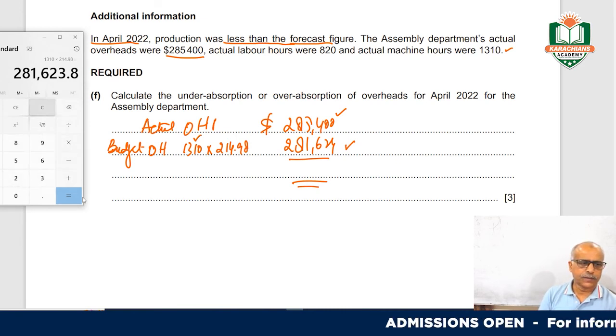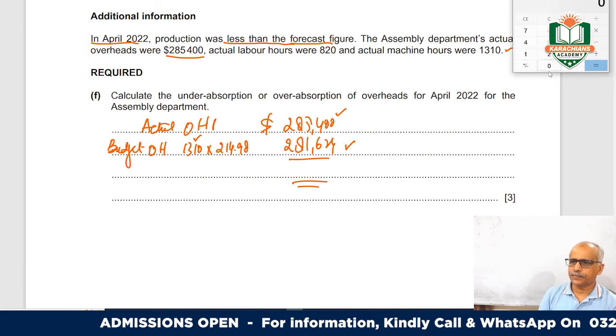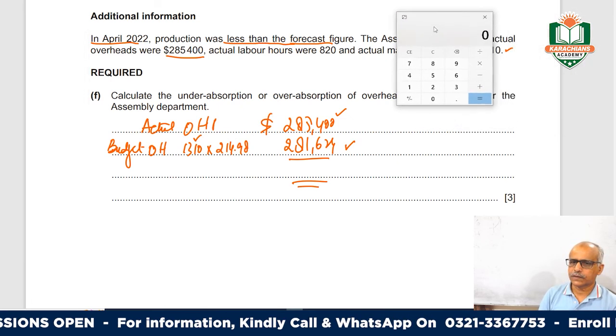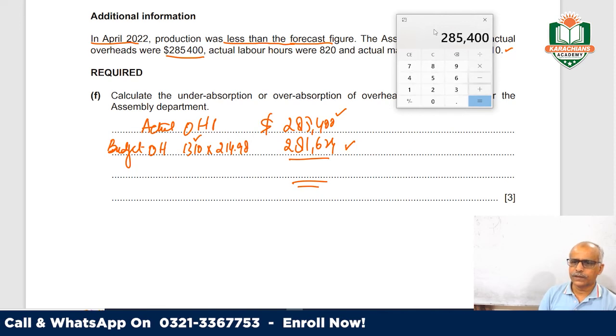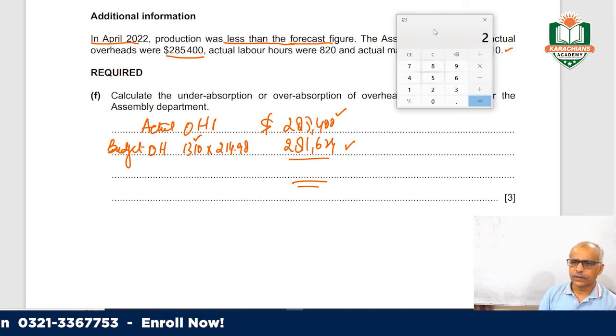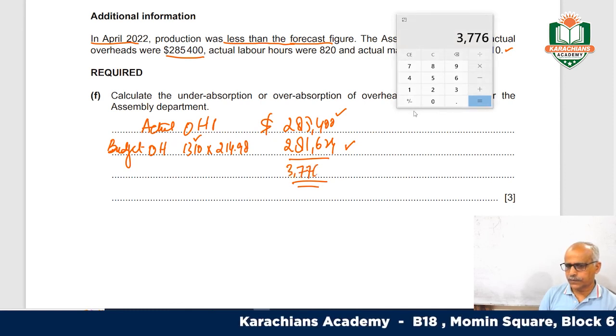How much is the difference? 285,400 minus 281,624 is 3,776.